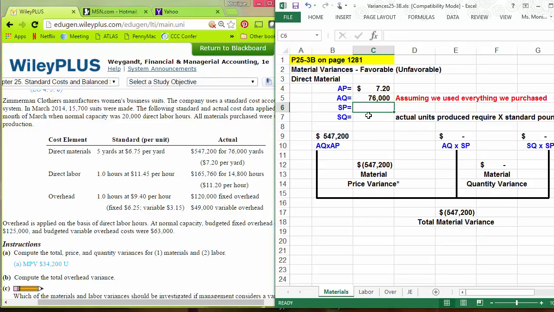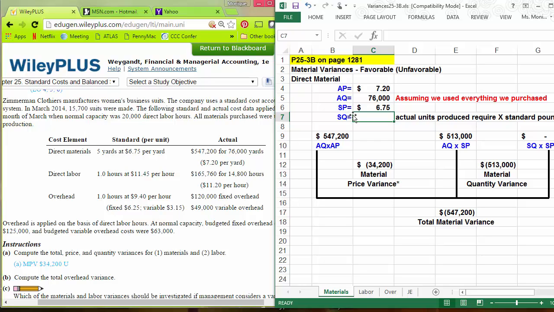Now, our standard price. So standard price is $6.75. So let's go ahead and punch that in, $6.75. And our standard quantity. Now, with the standard quantity, it says 5 yards is what they need for one business suit. But since we are making 15,700 suits in the month of March, you need to multiply that by the actual number of units made.